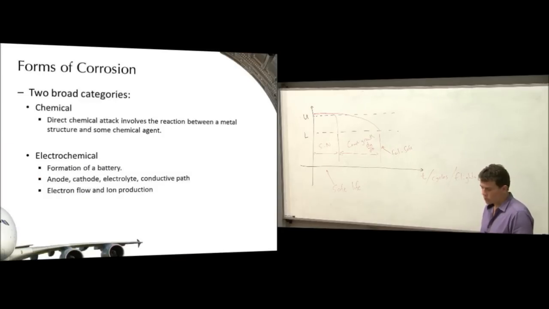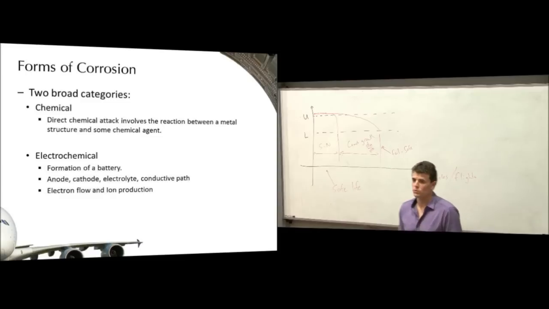Now, more technically, there's two broad categories which we'll talk about. There's chemical corrosion and electrochemical corrosion. Now, chemical corrosion is the type of corrosion that you would have done in high school science, where you drop a piece of metal in acid and it just turns into salts and hydrogen and whatever else. It's a direct chemical attack.